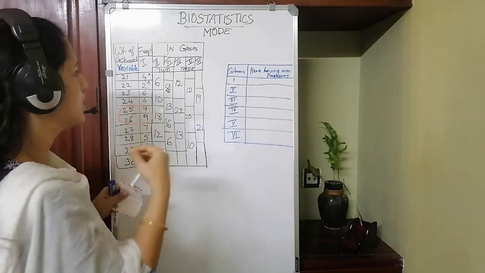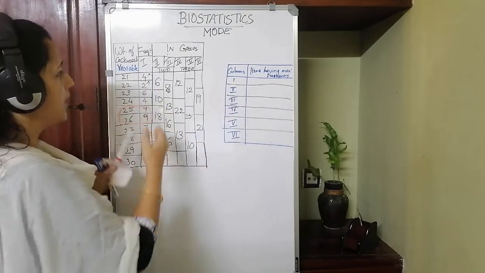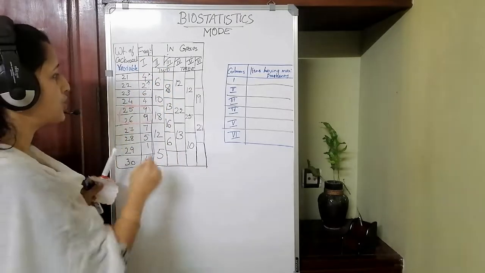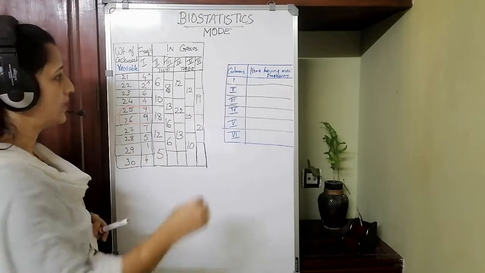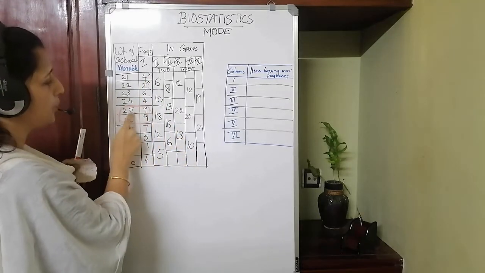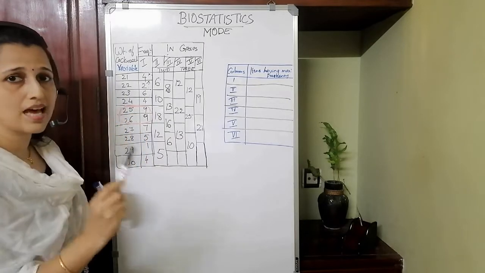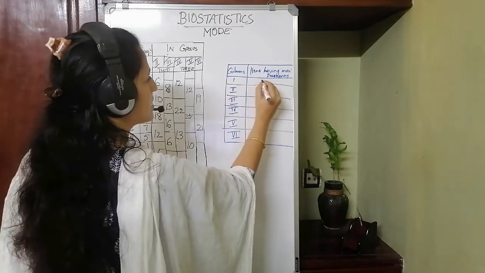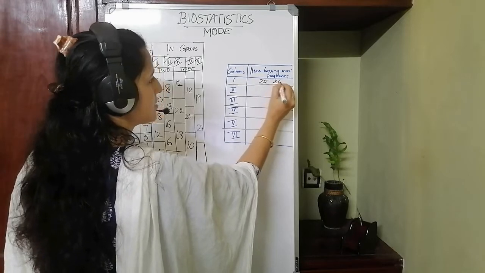Here in column 1, 2 variables, that is 25 and 26, have the maximum frequency. So you have to write here 25 and 26.